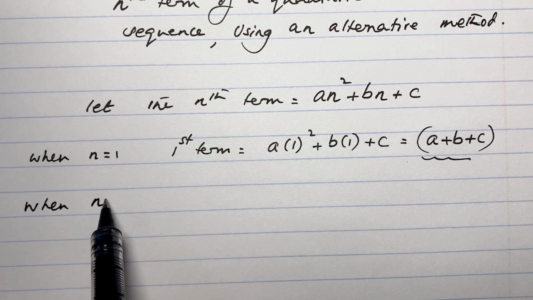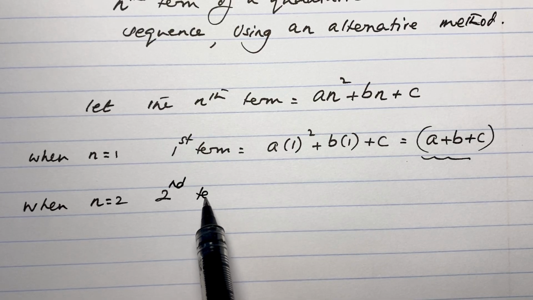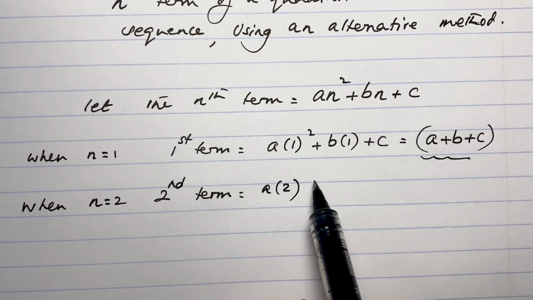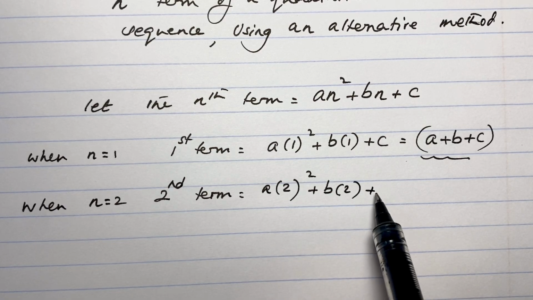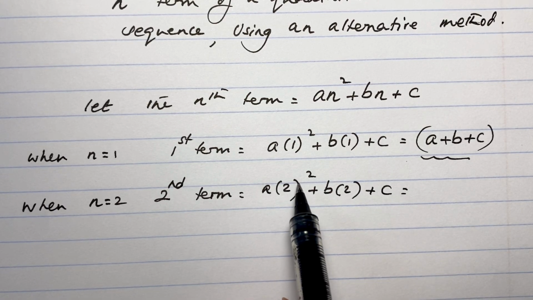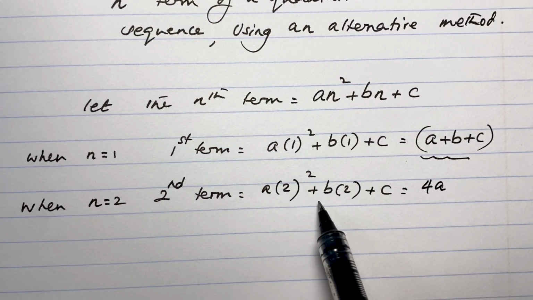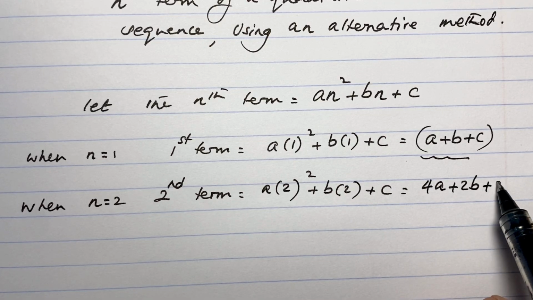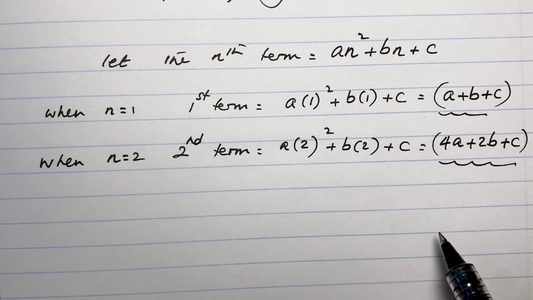When n equals 2, the second term, 2 squared, 4 times a, 4a, plus 2b, plus c. That is my second term.